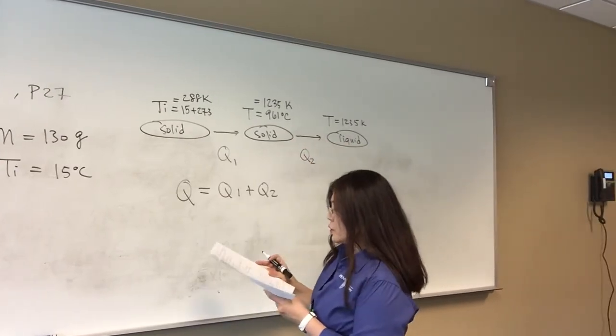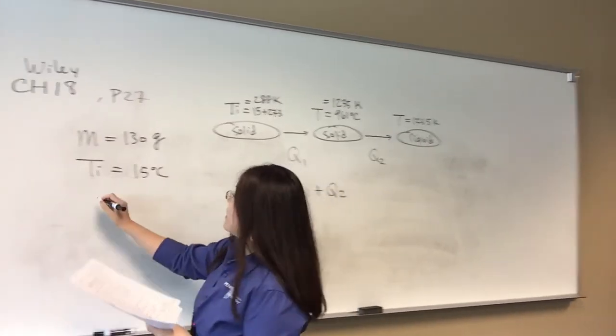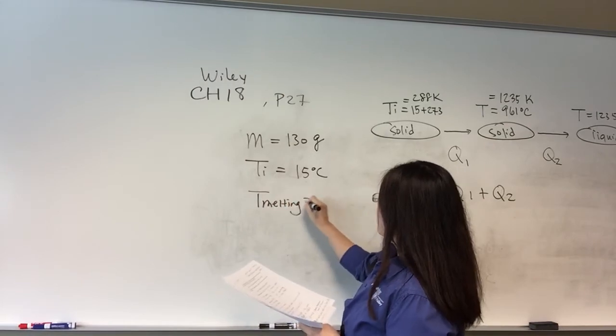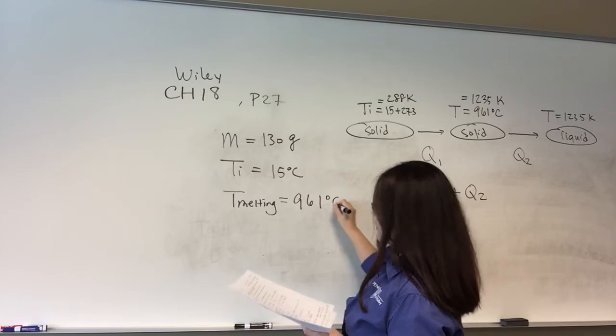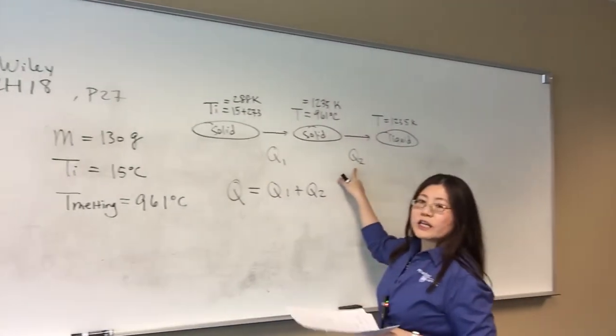Okay, so in order to do this, there are several constants that you need to know, and we already mentioned that the melting point of silver, which can be found from the book, is this value.